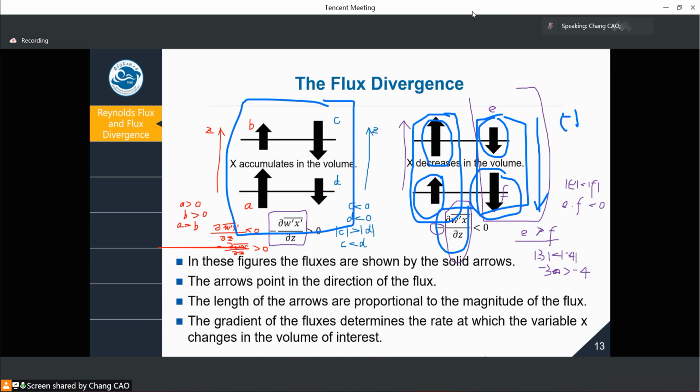So actually E is bigger than F. And also you should not use this direction. For Z, we drew Z always upward. So we can find that as Z becomes higher, E is also higher because E is bigger than F. Without the negative sign, this one is bigger than 0. But if we put the minus sign here, it should be smaller than 0.